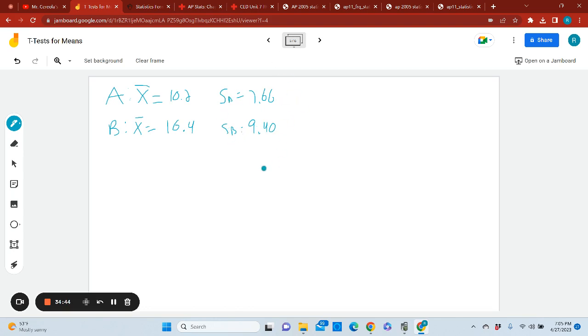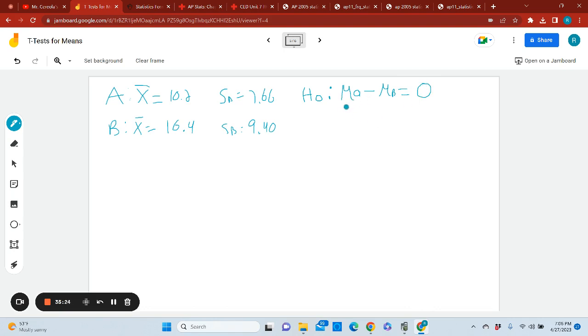First, let's write some hypotheses so that we know how to run this test. My null hypothesis is going to be that there's no difference in the average cholesterol reduction between people who don't take this drug, those in group A, and people who do take the drug, those in group B. So the true mean difference between people who don't take the drug and people who do take the drug is equal to 0.